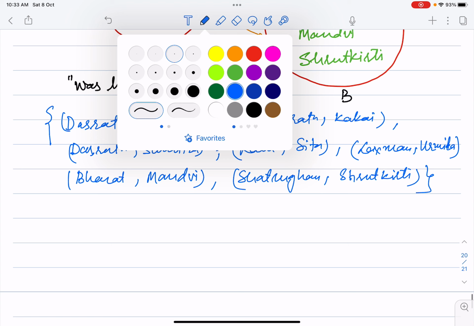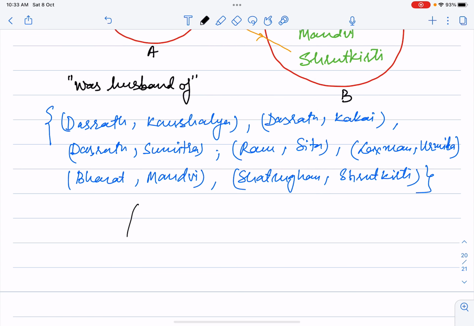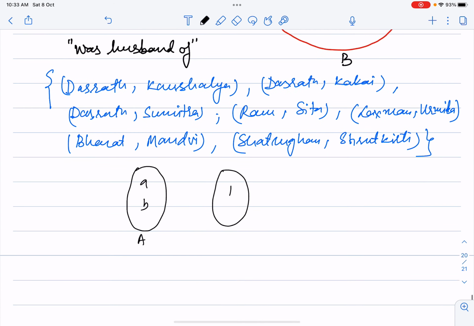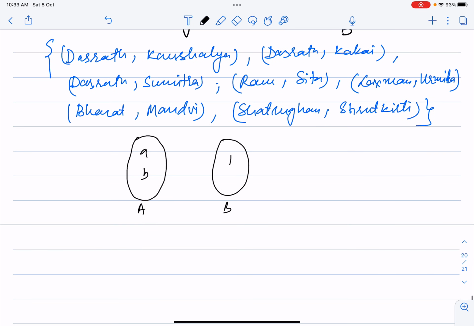Now in mathematics, suppose I write A, B in one set and just 1 in the other. This is set A, set B. So the Cartesian product can be (a, 1), (b, 1), right?